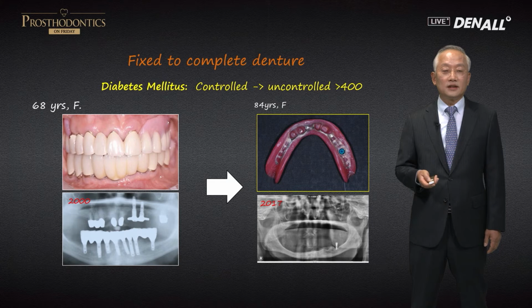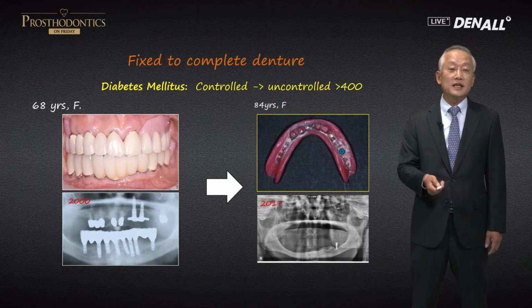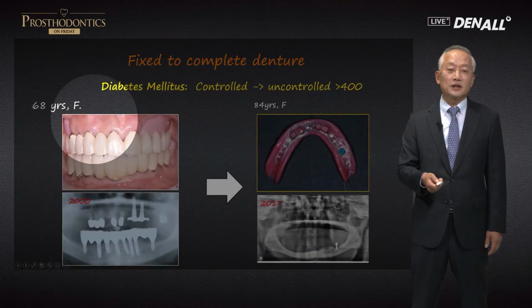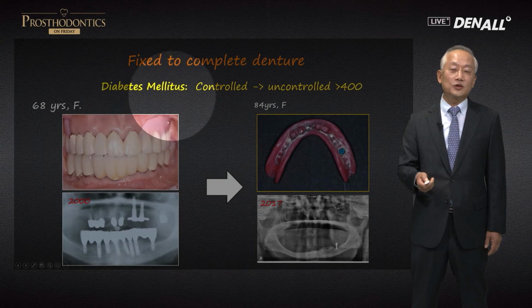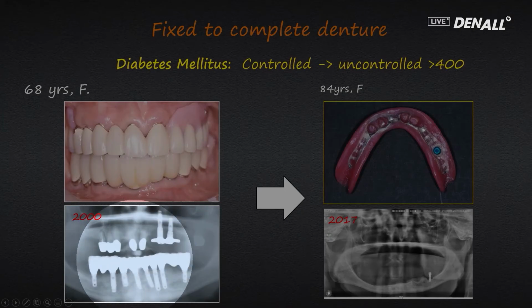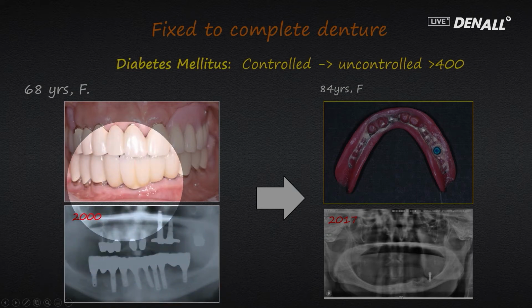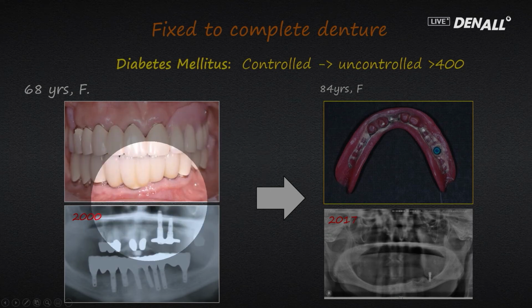In 2000s, the patient was 68-year-old at the time. The patient suffered diabetes mellitus, and in lower, fixed restoration was provided, in the upper, Conus denture was used.